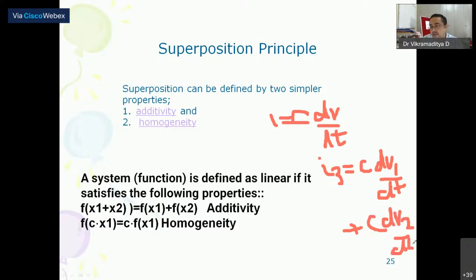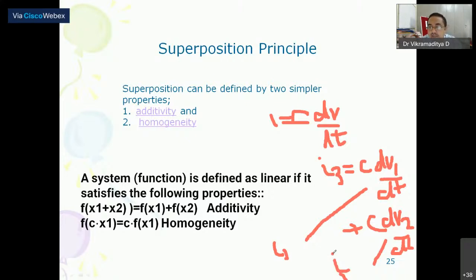Now this term is nothing but your I1, and this term is nothing but your I2.